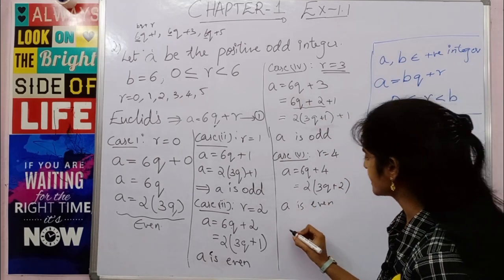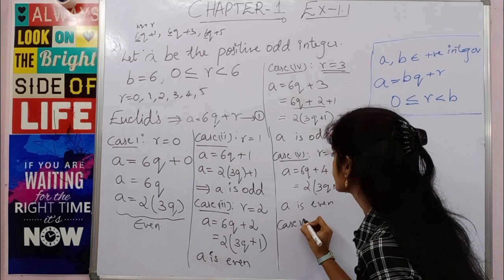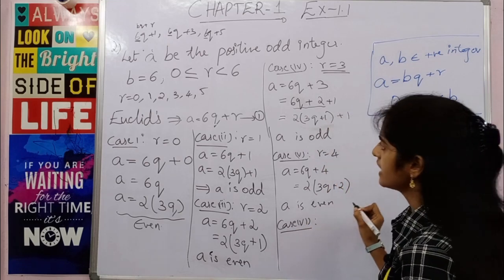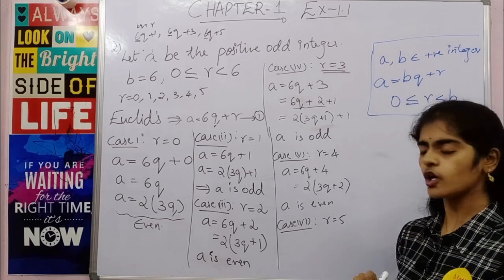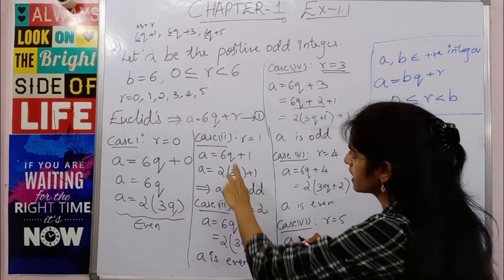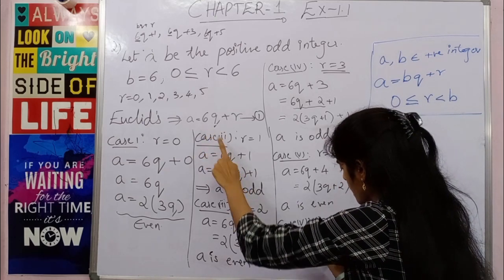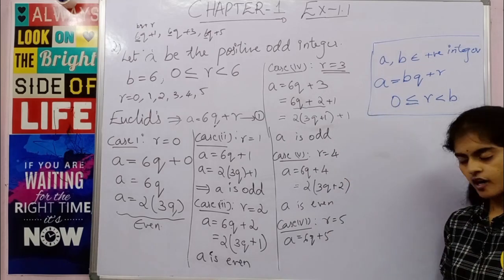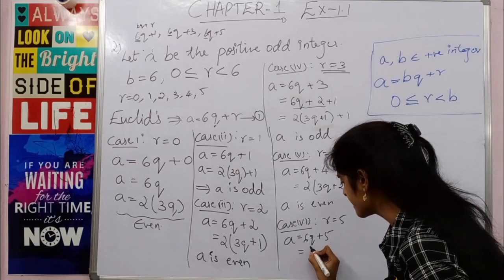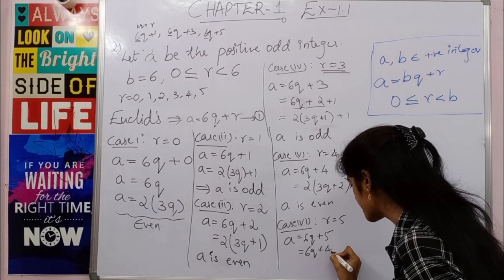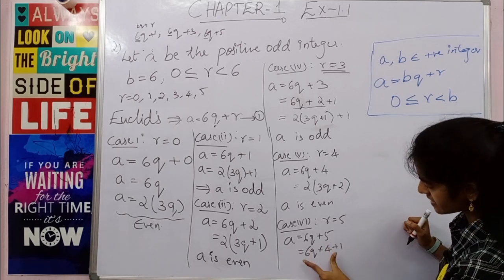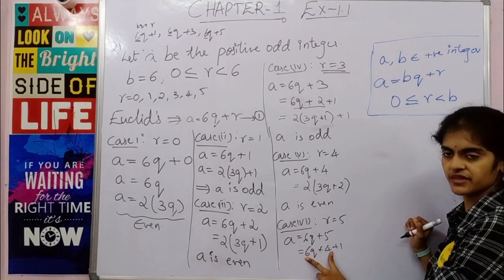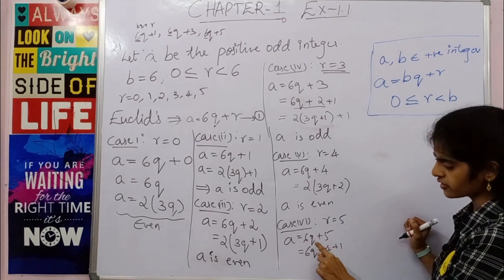Okay, so let us take the next case, case 6. In case 6, let us take R equal to 5. So here this will become A is equal to 6q plus 5. Now this 5 I can write as 4 plus 1. Why 4 plus 1? So that I can take something common from these two terms. 5 and 6 you cannot take anything in common.